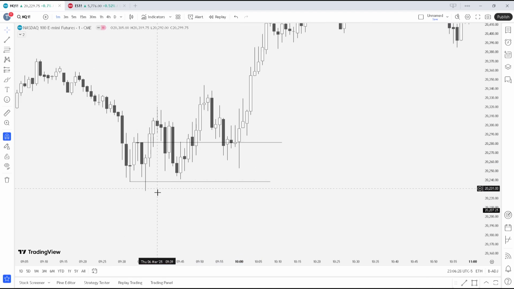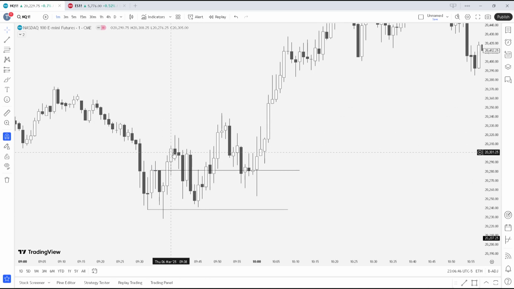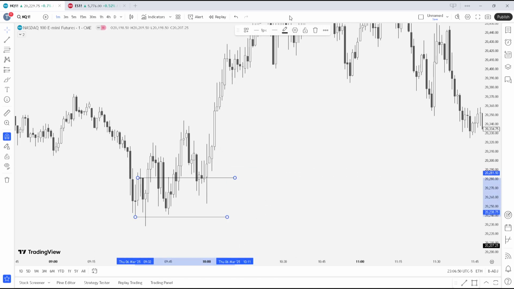When you have a liquidity sweep, you want to look for your last up closed candle. So this would be your bullish breaker in this case, right? And then as you can see, we came above, closed above. So this is when this breaker becomes active. And then we can see we trade back into it, and then we get a move higher.